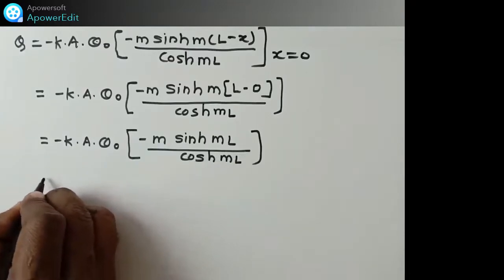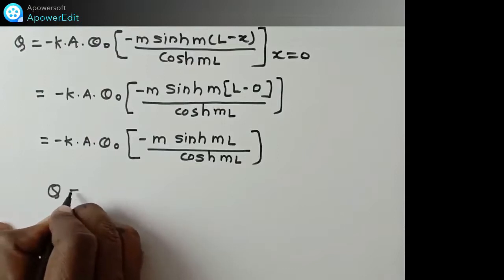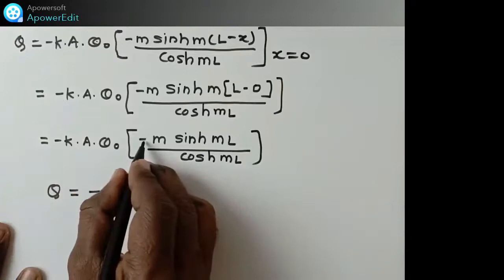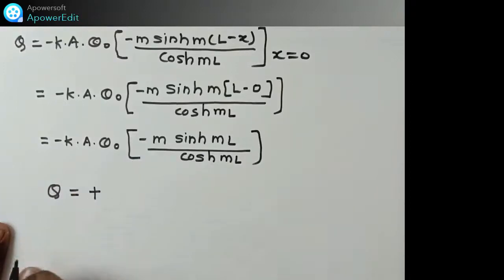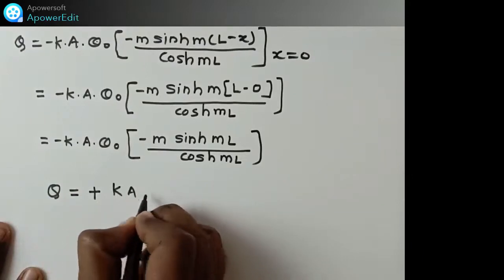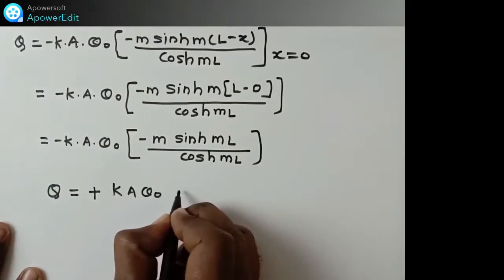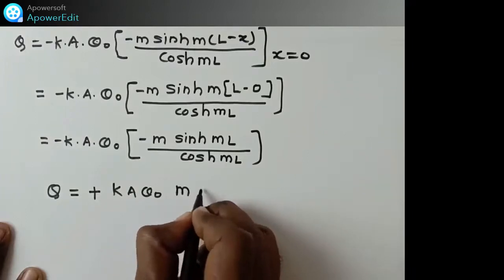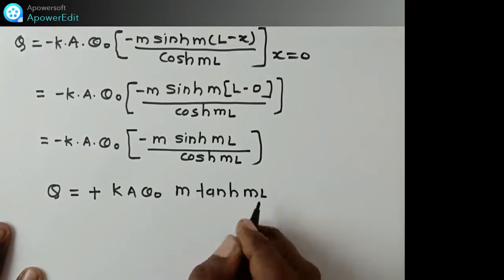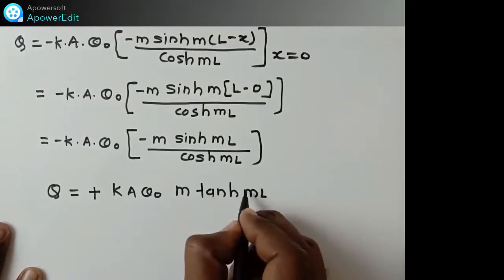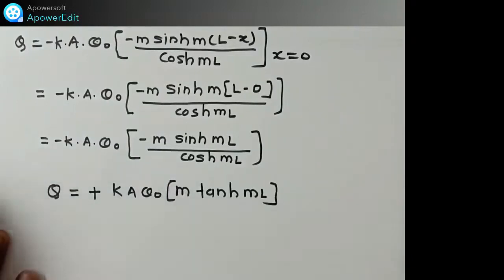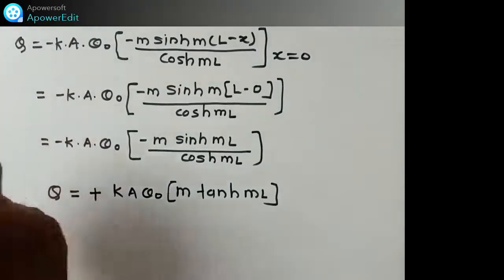So we can have here Q is equal to, now this minus K and this minus m, so minus minus will be plus. So K into theta 0 into m tan h ml. This will be the equation.